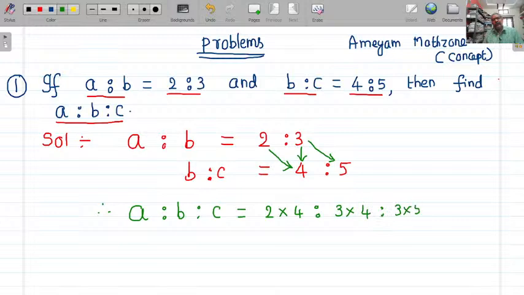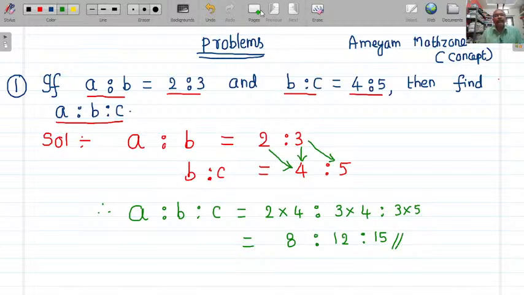So then what is our answer? 2 fours are 8, 3 fours are 12, 3 fives are 15. Yes, this is the answer. I hope it's very clear to you.